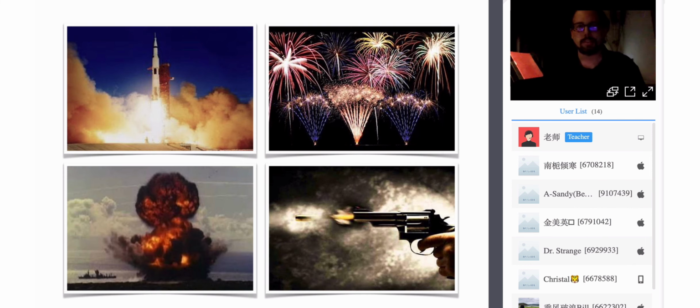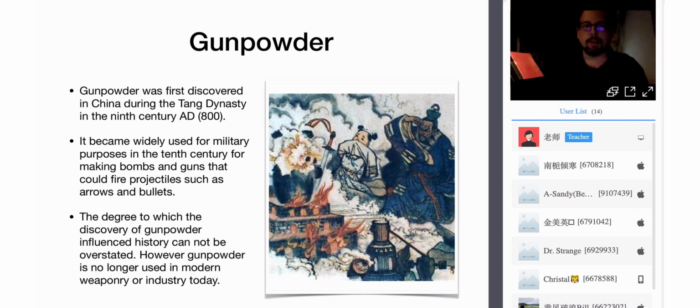So, explosives. Gunpowder was first discovered in China during the Tang Dynasty in the 9th century. It became widely used for military purposes, making bombs, and could fire projectiles such as arrows or little metallic bullets.